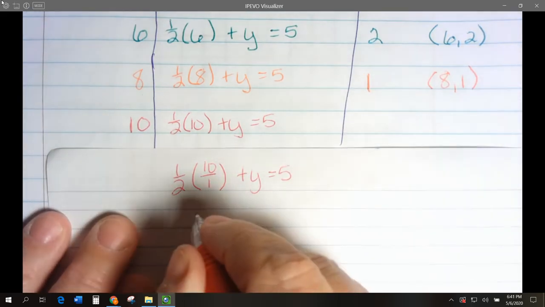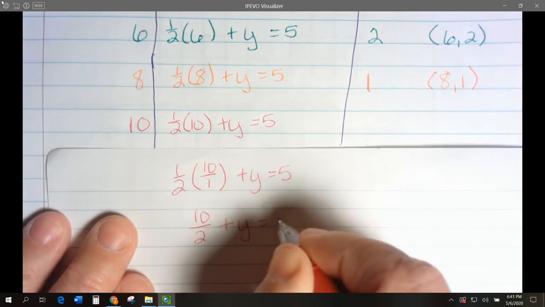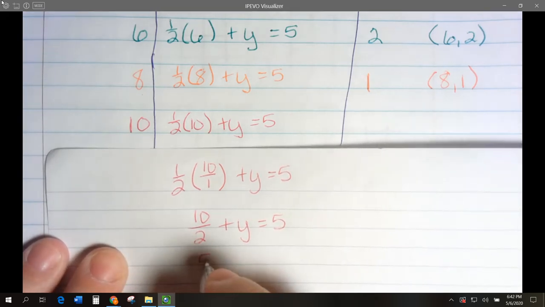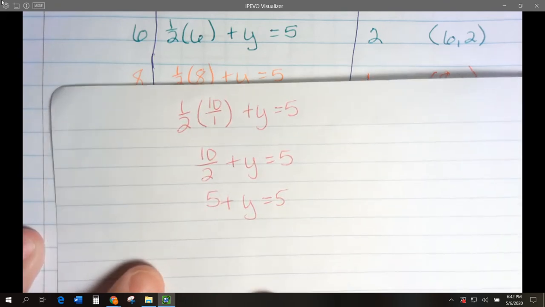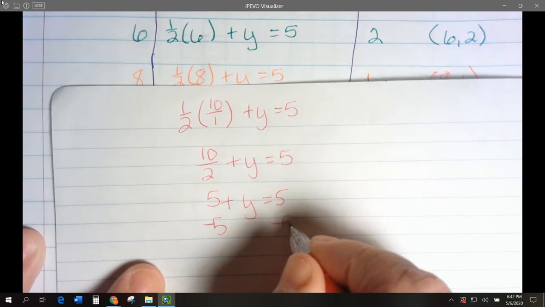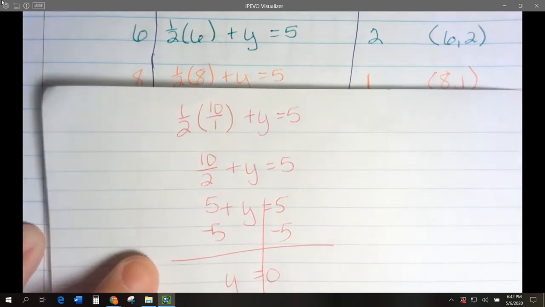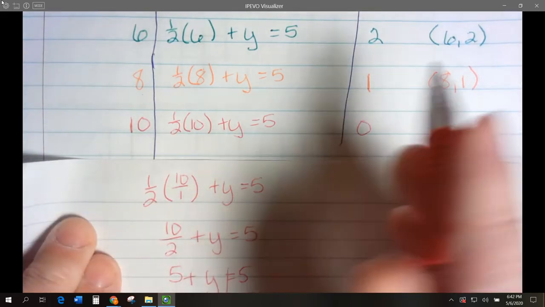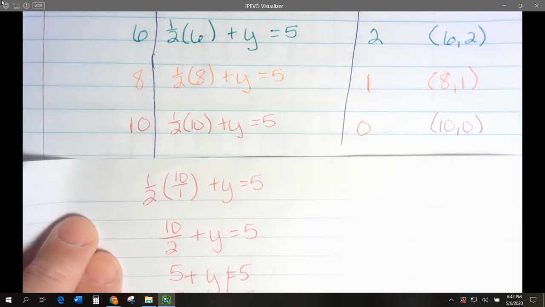When we multiply this across, we get 10 over 2 plus Y equals 5. 10 divided by 2 is 5, so 5 plus Y equals 5. Subtract 5 from both sides, and we get Y equals 0. So when X is 10, Y is 0, our coordinate point is 10, 0.